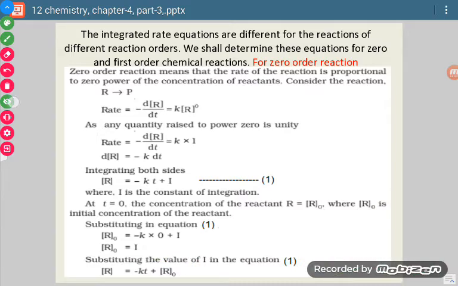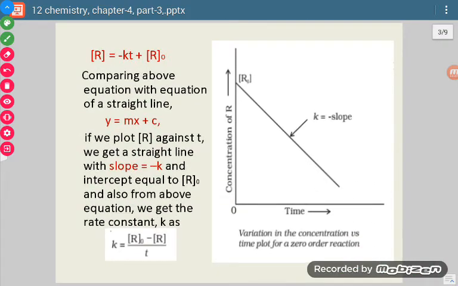Now this is what we are getting there. When we compare this equation with the equation of a straight line, y is equal to mx plus c, if we take R on the y-axis and t on the x-axis, then there will be a straight line having slope minus k and intercept R naught.